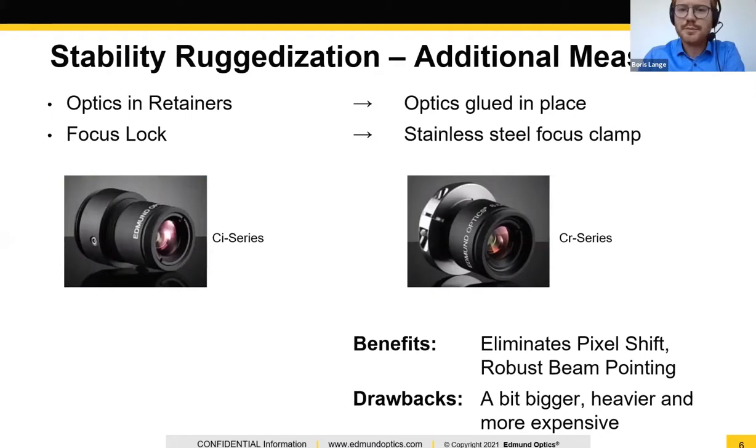This slide I'll just immediately skip, because this is exactly what Daniel also showed. Maybe the only difference is that Edmund has this mount over here that is very similar to the Schneider mount you might be familiar with, where you can also just lock the entire thing in place, and the clamping force acts along the entire circumference of the imaging lens. But this was already more or less discussed, especially for 3D systems.